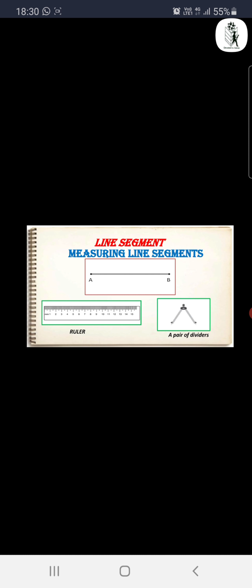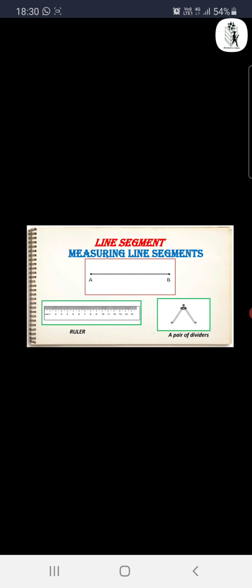A ruler is marked along its edges. On one edge, you will find divisions from 0 to 15. Each division is 1 centimeter. This is further divided into 10 equal parts, and each part is 1 mm or 1 millimeter. In this way, we have the formula 1 centimeter is equal to 10 millimeters.